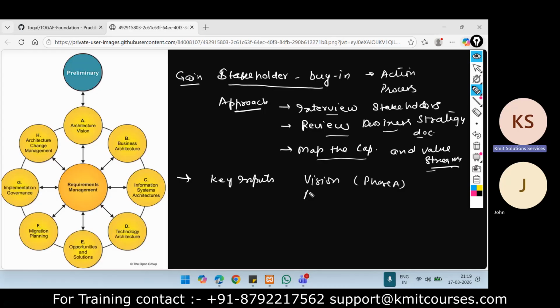Then we have the architecture repository, which has the industry-level reference models, enterprise-specific assets, standards, and architecture building blocks. Those things are the key input for your business architecture.